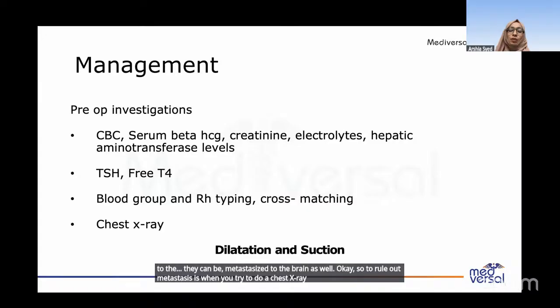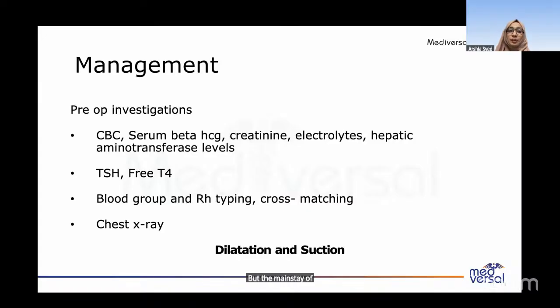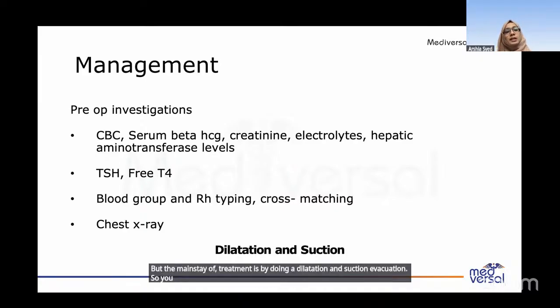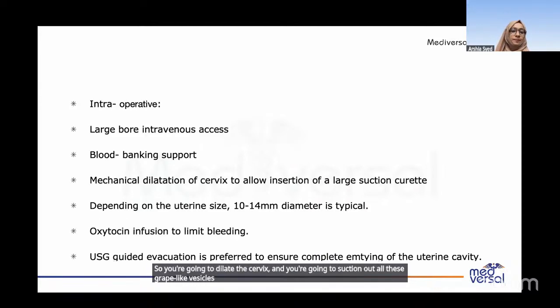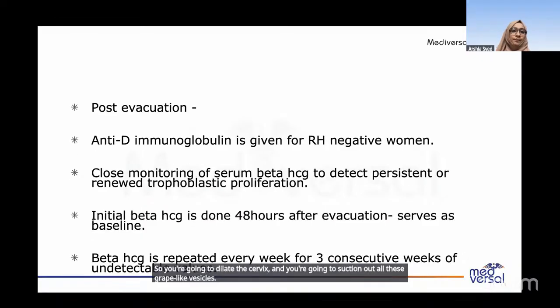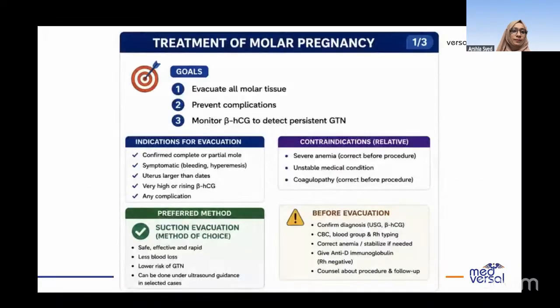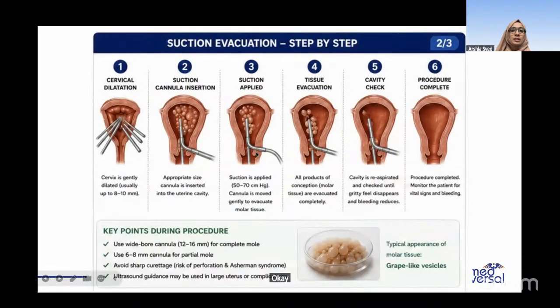But the mainstay of treatment is doing a dilatation and suction evacuation. So you're going to dilate the cervix and suction out all these grape-like vesicles. You dilate the cervix first.